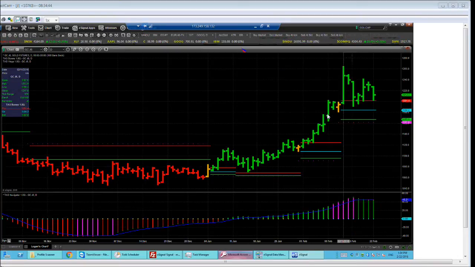But if there's more talk about Brexit, and I was just looking at some of the other markets, we haven't heard about Spain and Greece and Italy, the PIGS markets, for a while.